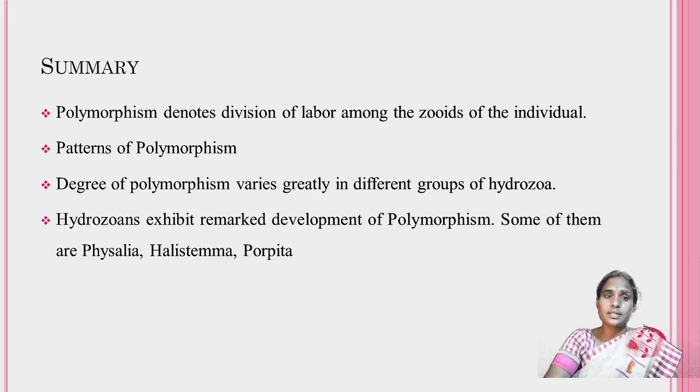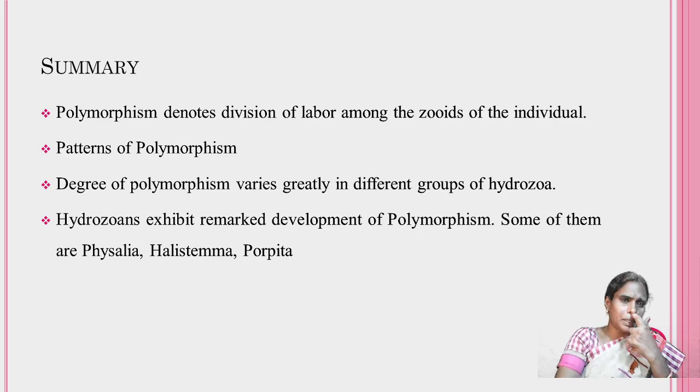The degree of polymorphism varies greatly among Coelenterata individuals, and the hydrozoa exhibit remarkable development of polymorphism. Some of them are Physalia, Halistemma and Porpita. These individuals are excellent examples of polymorphism.